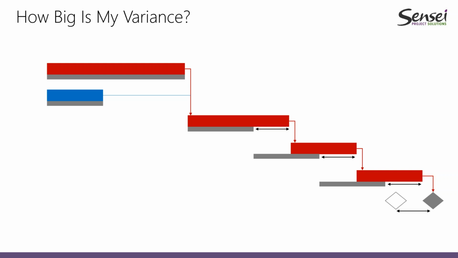Our question is how big it is compared to our baseline. Is 1 day of variance a big variance? Is 10 days a big variance? If we do not know what we had planned originally, it's hard to answer, right?